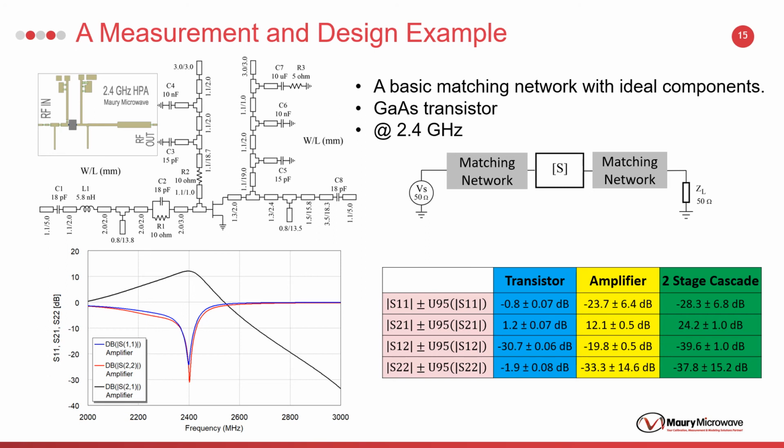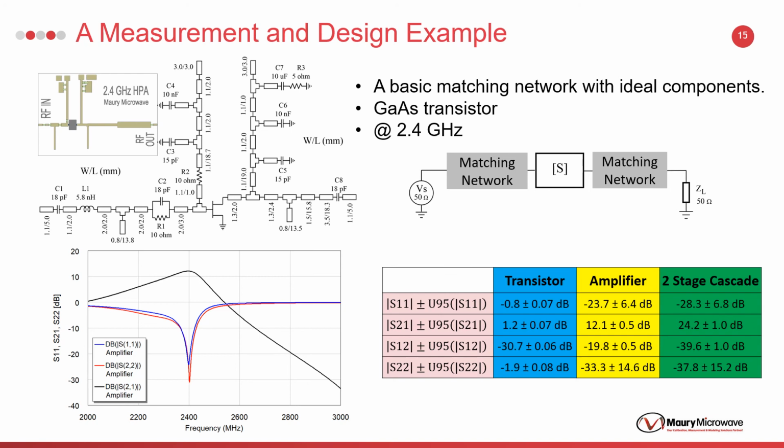This way, we could see how the uncertainties of the initial transistor measurement are propagated to the uncertainties of the final amplifier design, including the transistor and the matching networks.